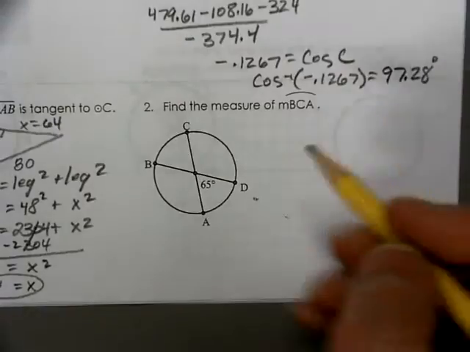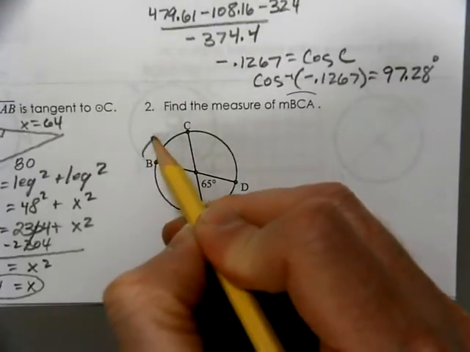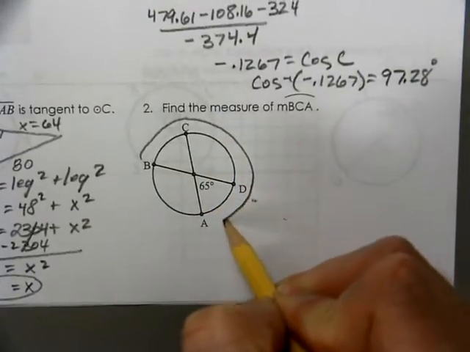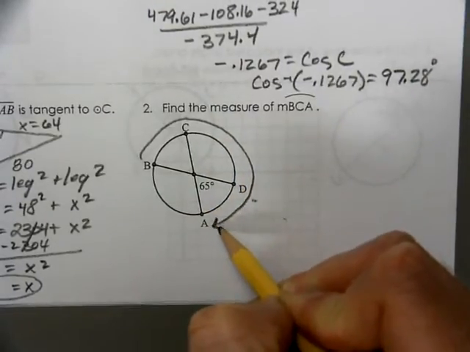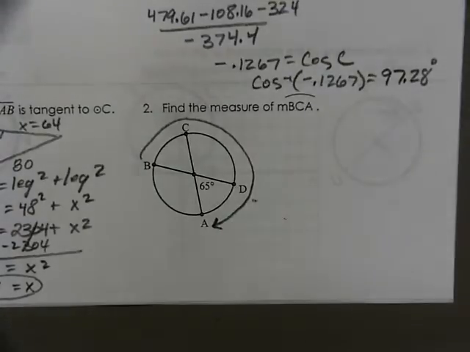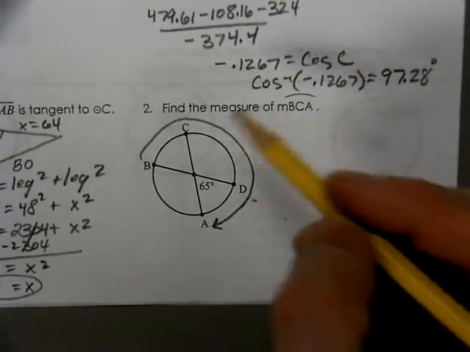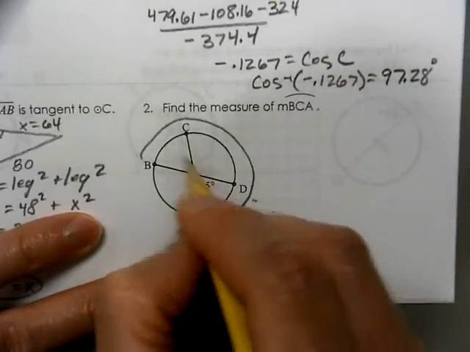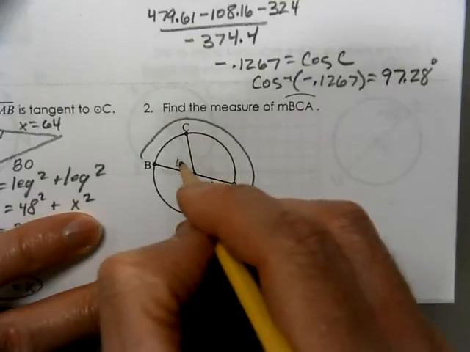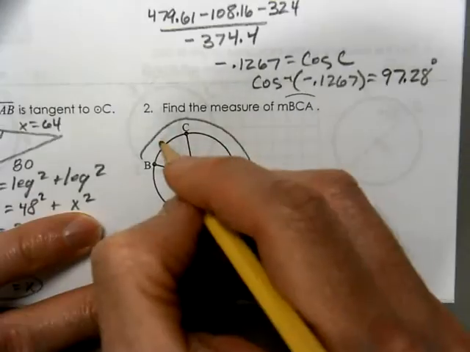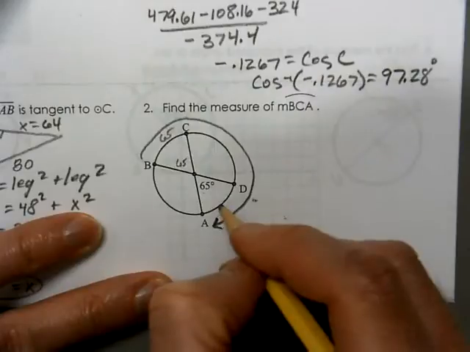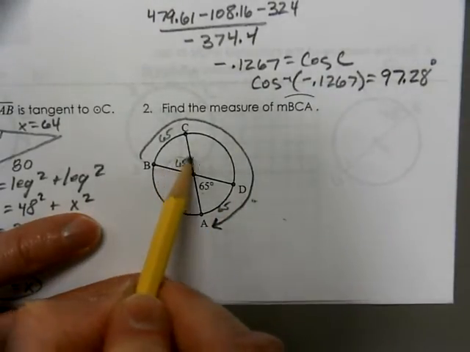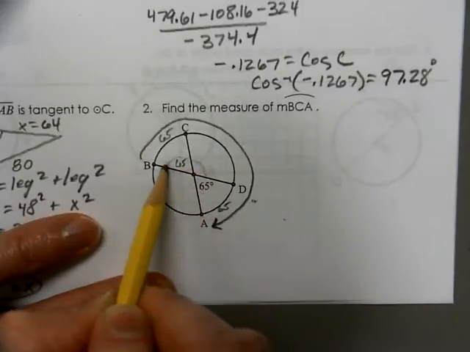We're going to find the measurement of B to C all the way to A. That's what the three letters represent. I know a couple different things. This is a diagonal, so this is 65. We know that the arcs are also 65. I know together these make half a circle.